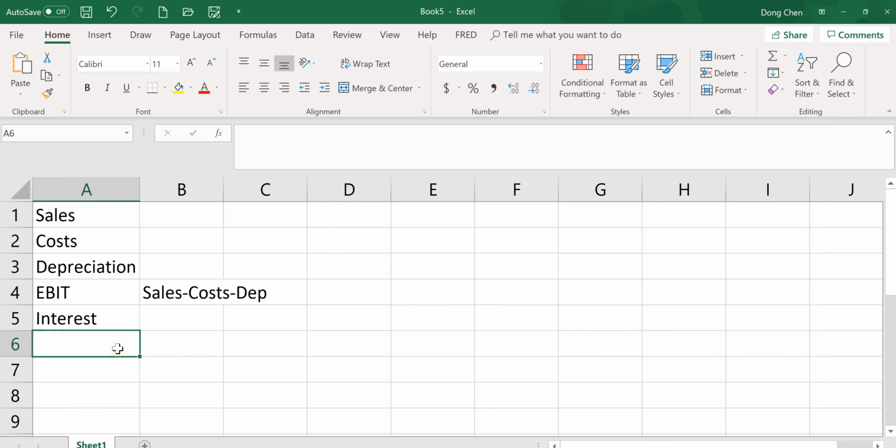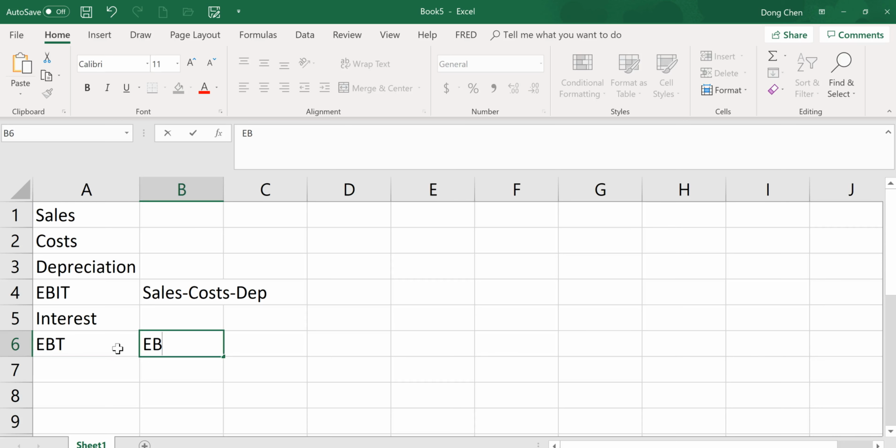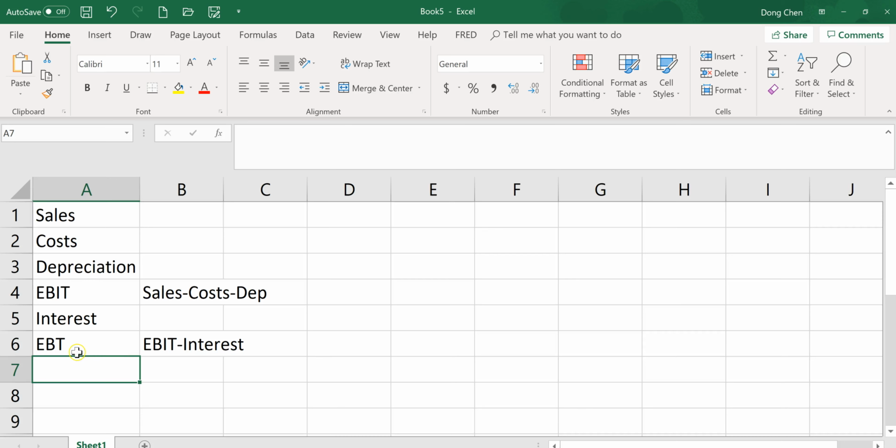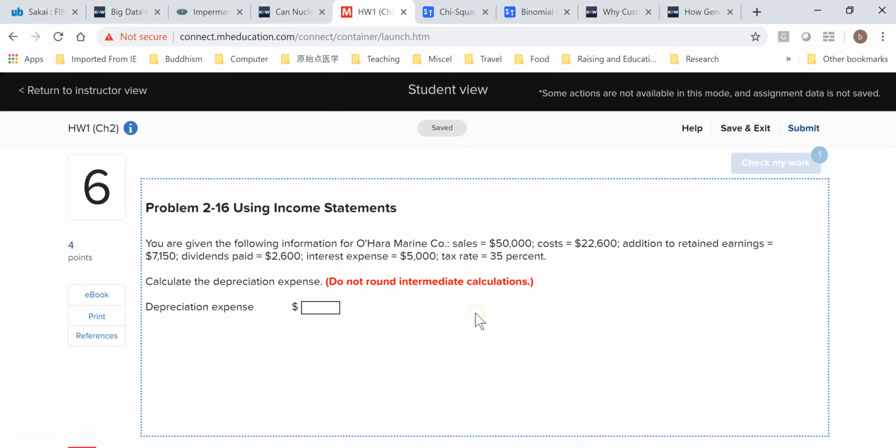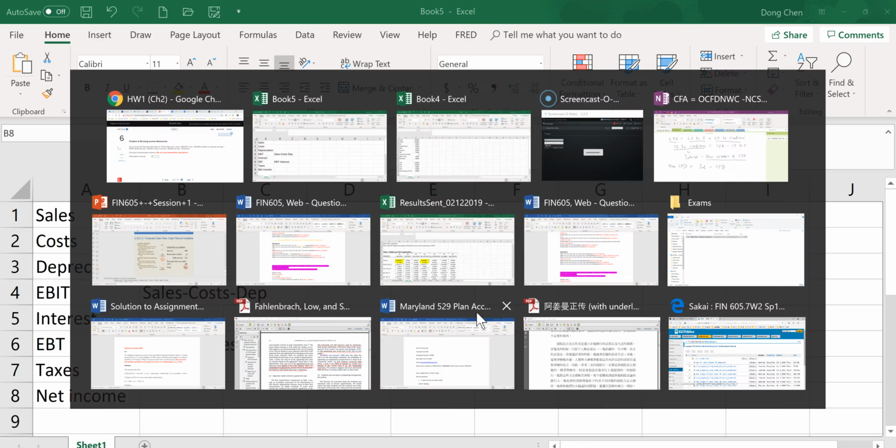Their difference becomes EBT, or taxable income, earnings before taxes. And then finally, taxes, based on the tax rate, are calculated. And finally, net income is the difference between EBT and the taxes. So that's the basic structure of an income statement.